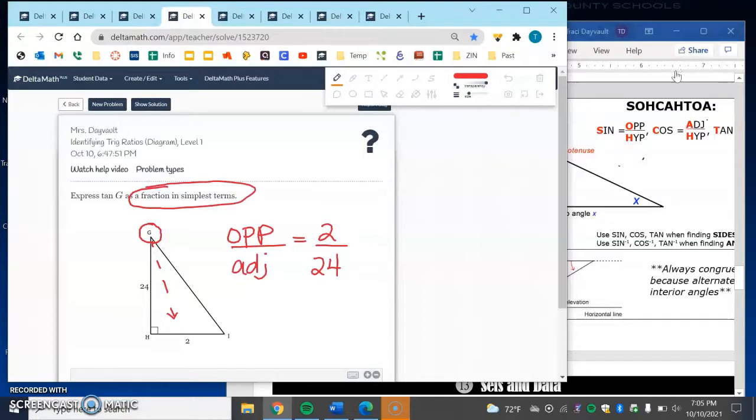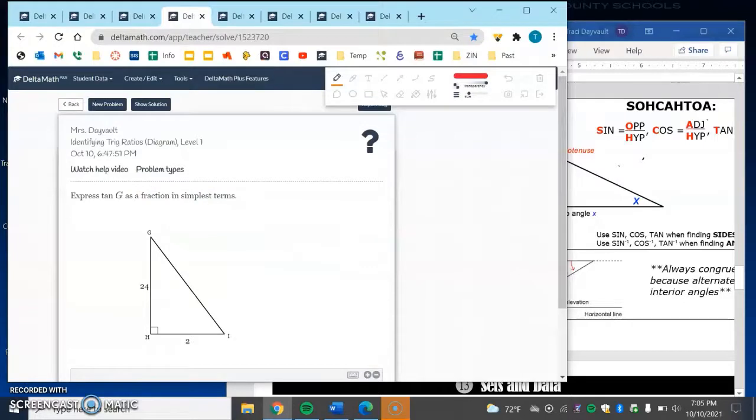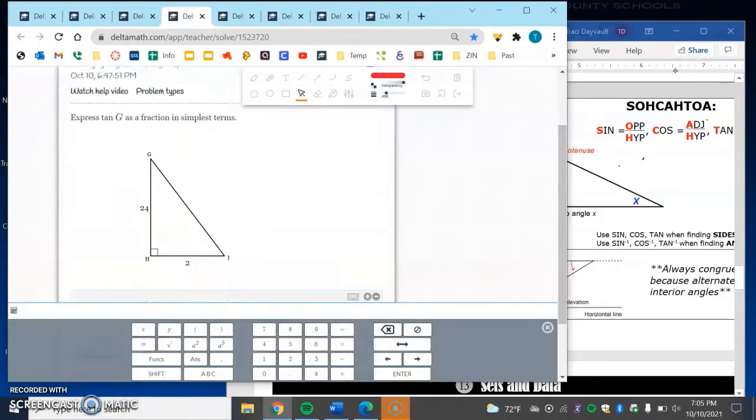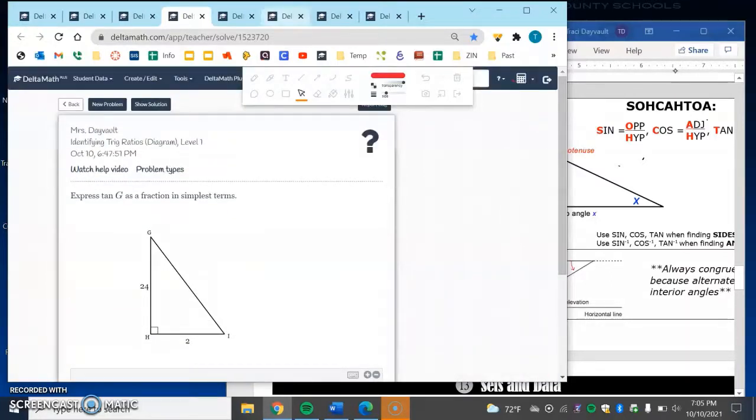So how would I type in this answer? I would need to reduce this fraction. I could divide these both by 2 to get 1/12. Okay, you might want to remember also that this calculator will simplify a fraction for you if you click on functions and then fraction. It'll simplify a fraction for you.